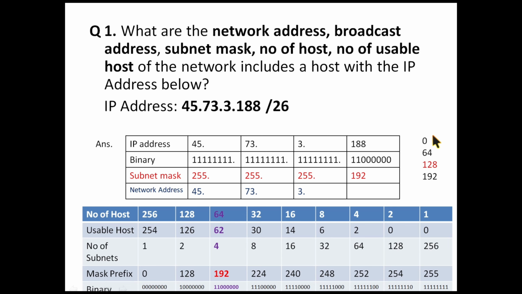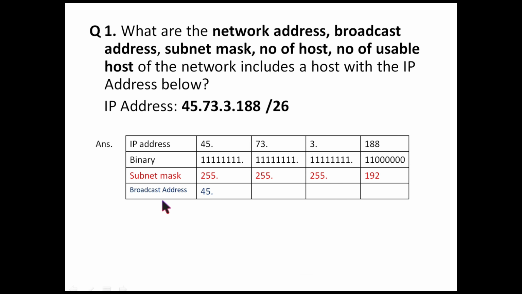So the first subnet ID will be 0. After this 64, plus 64 will be 128, plus 64 will be 192. And check the last number of the IP address, that is 198. Since 192 is not greater than 198, 198 falls in this subnet. We will select this subnet number, that is 128, and its network address will be this one, 128.